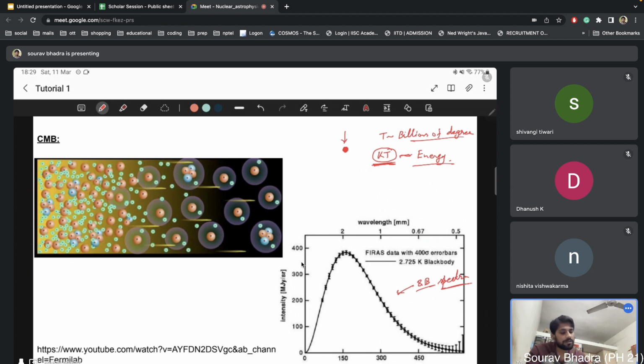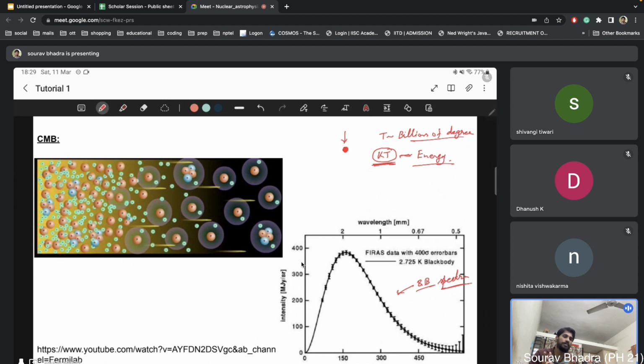Okay, so what happens is that at that hot temperature, it is called the quark gluon plasma. At that temperature, no matter can be formed, because whenever an electron tries to bind with a proton and make a hydrogen atom, as the temperature is very high, it cannot be bound.